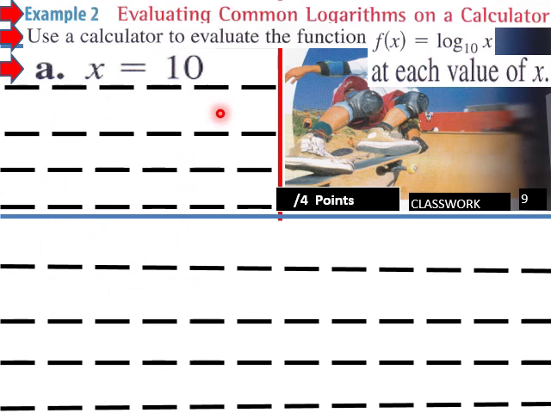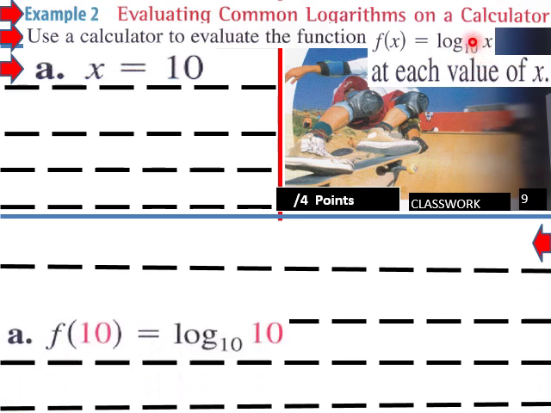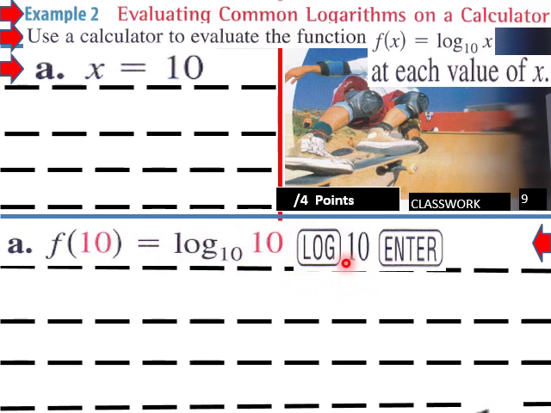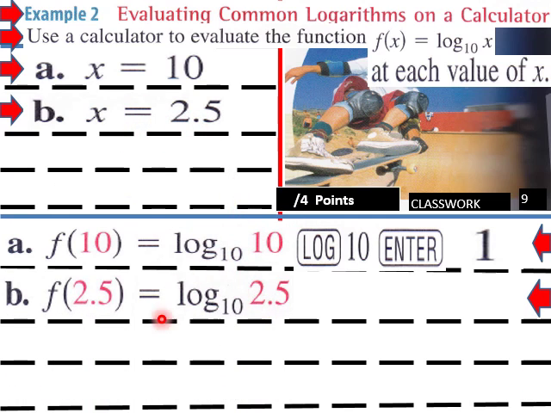So for this, when x equals 10, log base 10 of 10: you type log 10 enter, and that would equal 1, so 10 to the 1 power would equal 10. And then when x equals 2.5, f of 2.5 would equal log base 10 of 2.5.